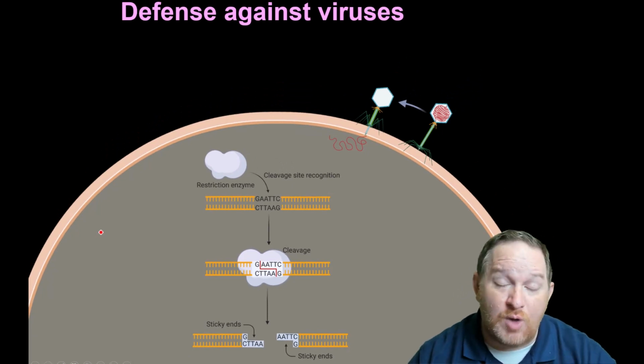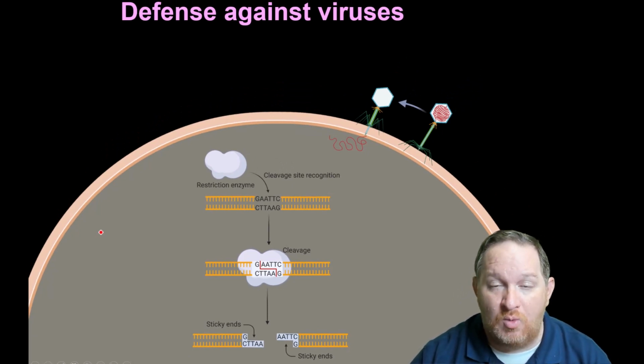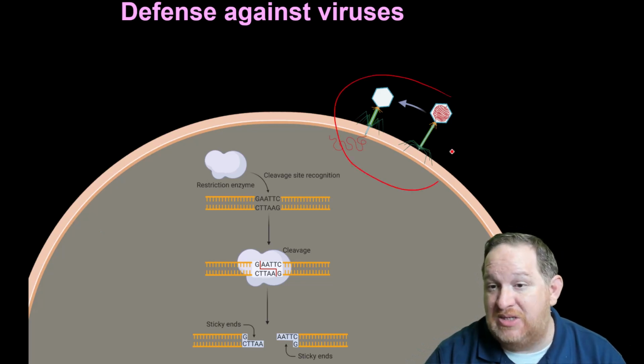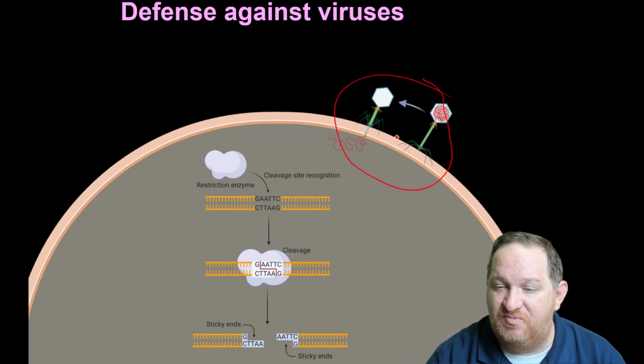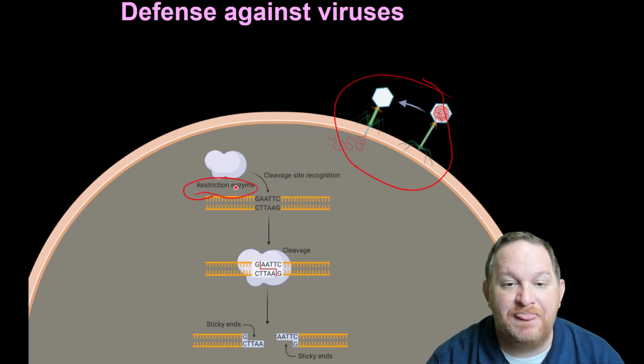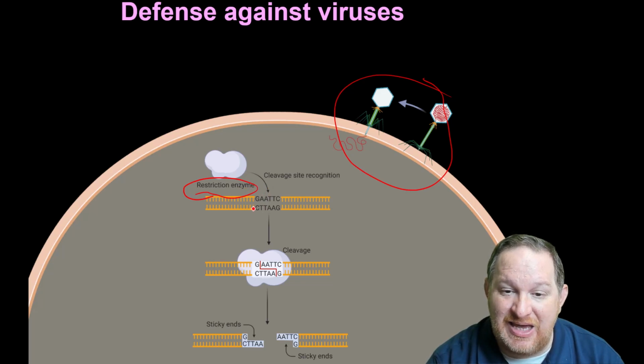Well, what have bacteria done? Well, they actually, because they were tired of being, I guess they were tired, I'm anthropomorphizing bacteria. They got tired of these bacteriophages injecting this DNA, so they evolved some restriction enzymes. Restriction enzymes find particular places in foreign DNA and cut it up, right?